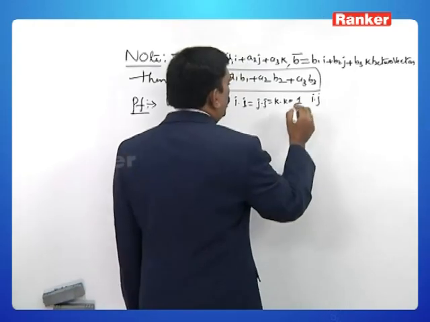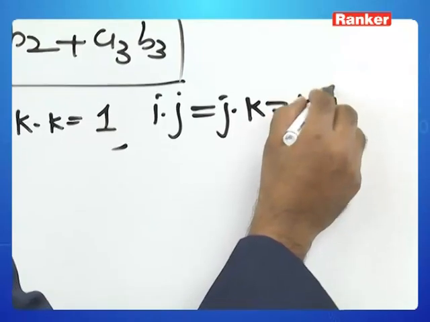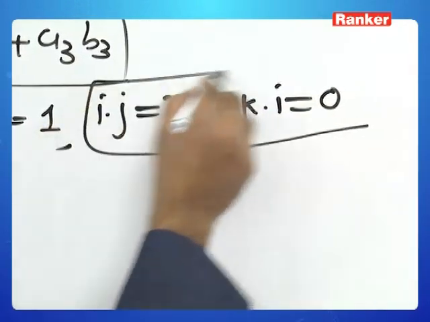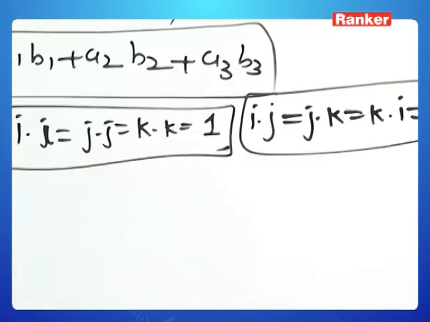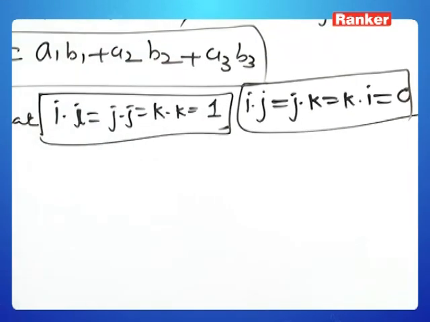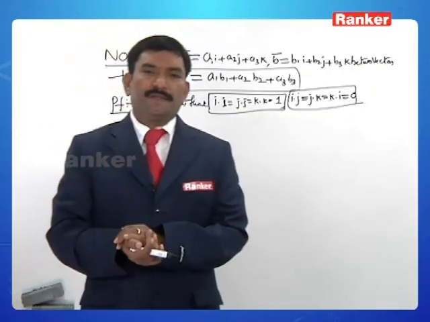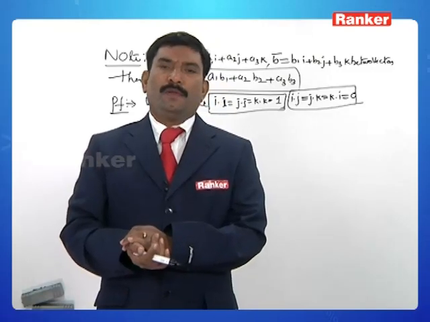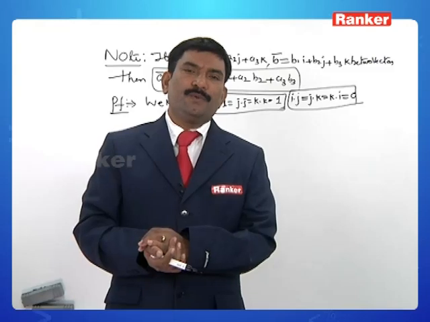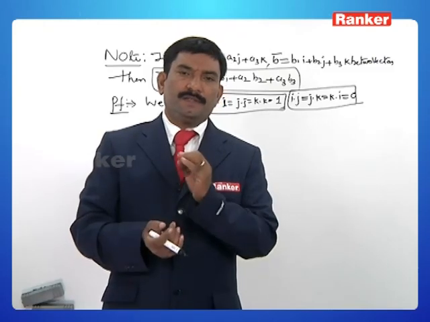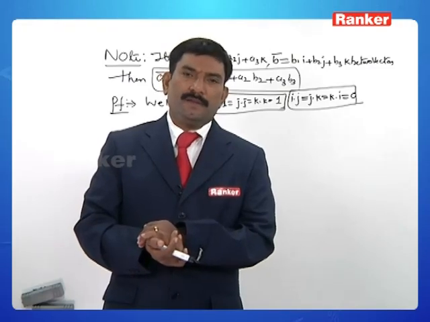So, i dot j, j dot k, right. Now, the reason, the content of this is: whenever the angle between the two vectors is not given, how to obtain the angle?